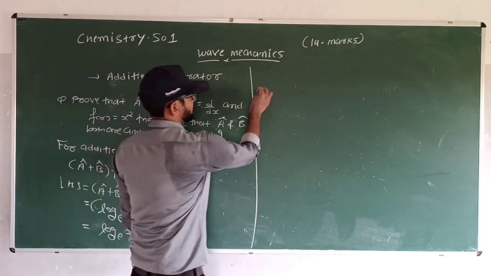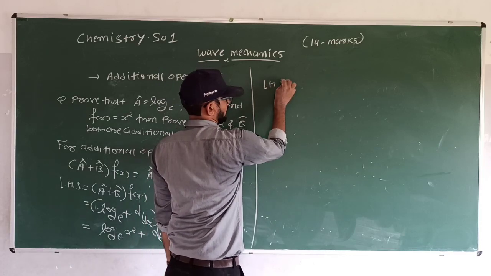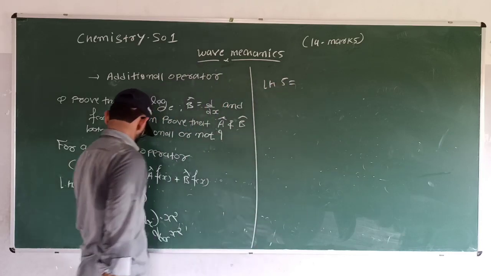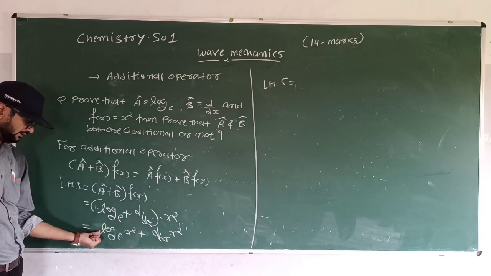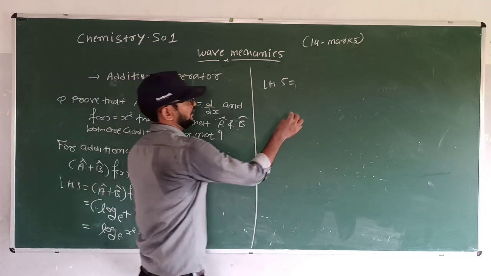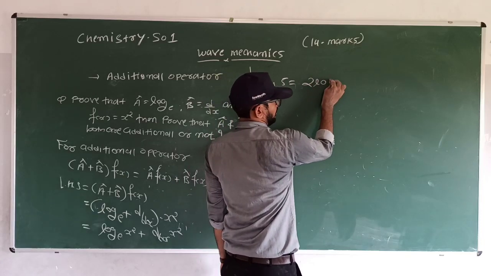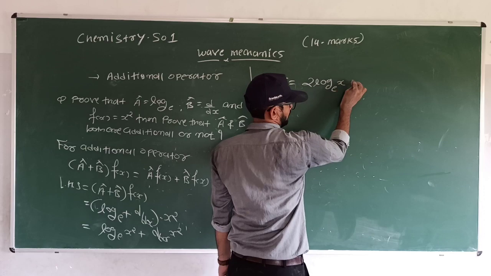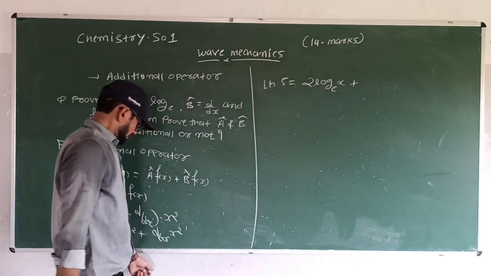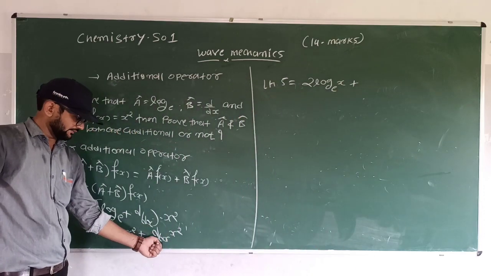So LHS is equal to log base e of x squared, where the 2 comes out, so 2 log base e x, plus d/dx of x squared.